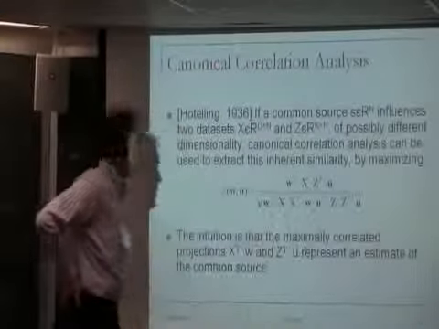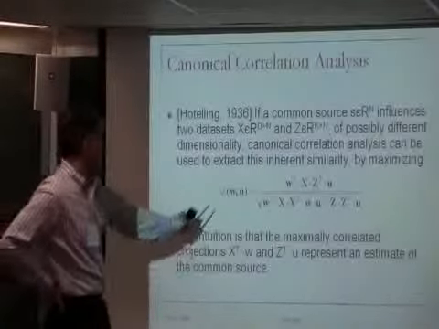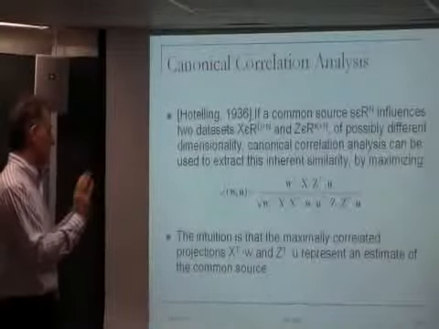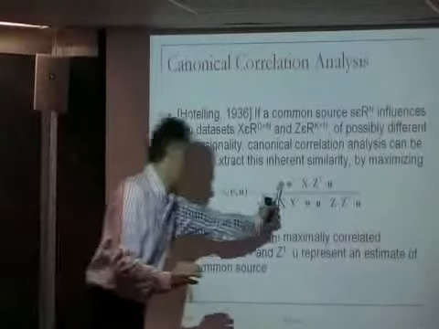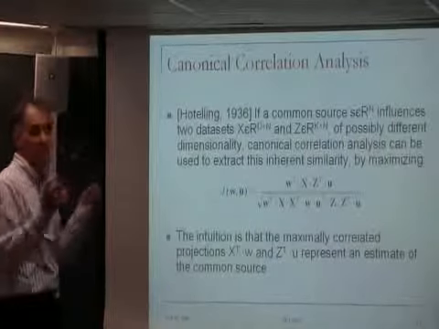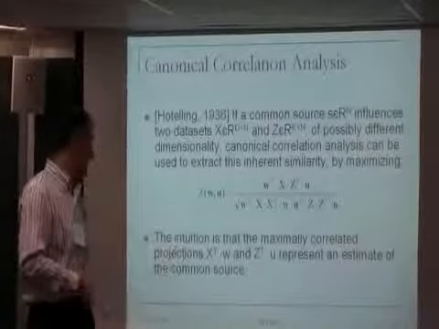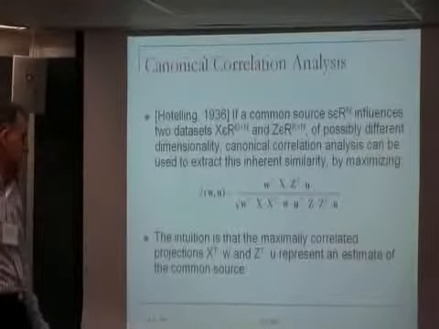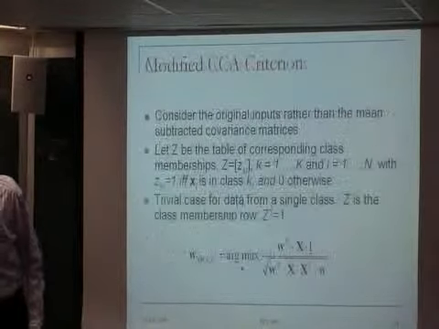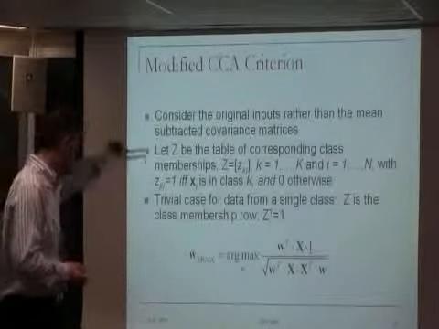And normalization here. Basically we maximize the projections simultaneously. So we tune directions w and u so that we have maximally correlated projections. And the intuition is that those correlated projections would represent an estimate of the common source. All right, that's classical canonical correlation analysis.